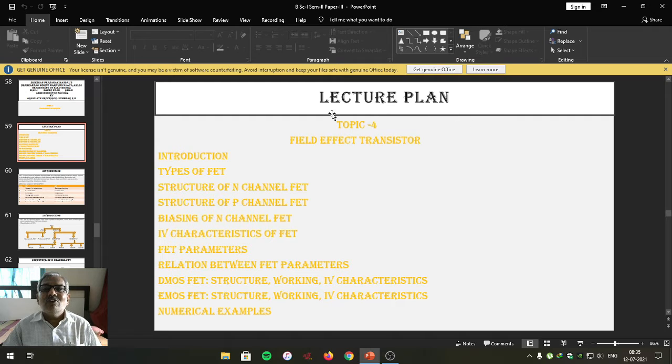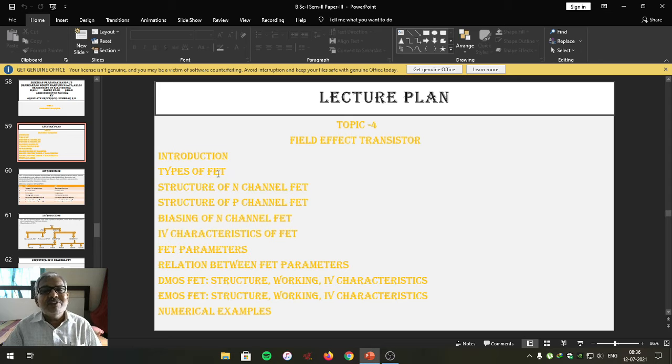As far as topic number 4, field effect transistor, is being considered, at the beginning we are introducing this particular topic, as already introduced just now. Then we are going to study types of FET, that is, classification of FET.